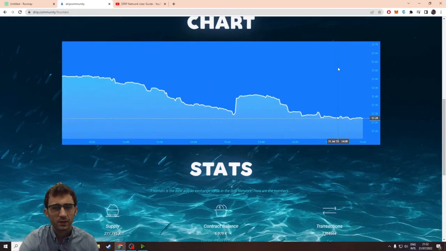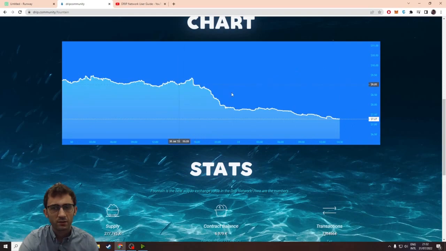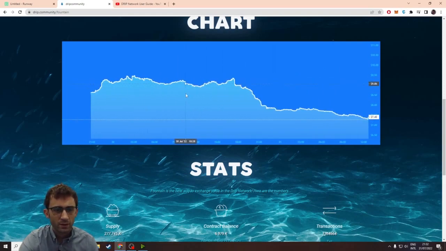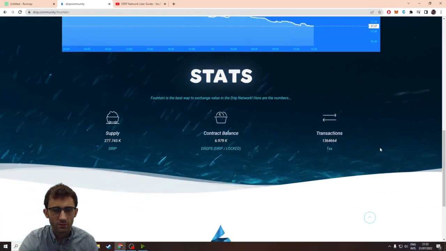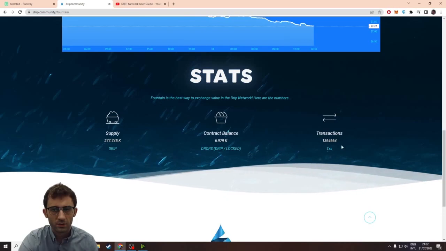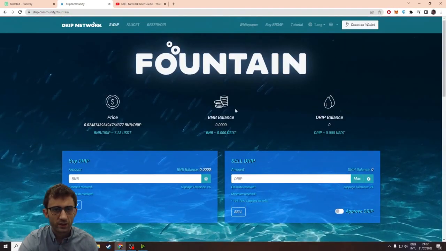There's a chart down here. This chart doesn't look good. Is this the real chart? It just shows a couple of days. Supply, transactions. Okay, it's just a simple trade function.